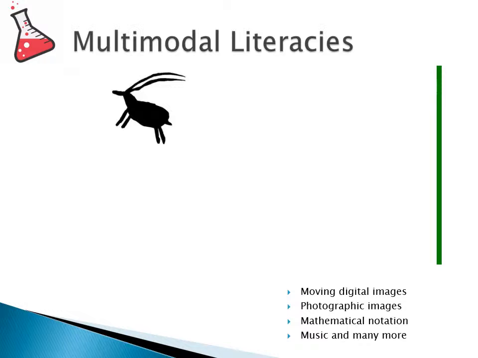Some examples of modes include, but are not limited to, moving digital images, photographic images, mathematical notation, music, written language, gesture and speech. Multimodal literacy is where digital, oral, and visual literacies are linked. It is the ability to use videos, sound and images to increase the impact of content and to enhance the educational outcome.